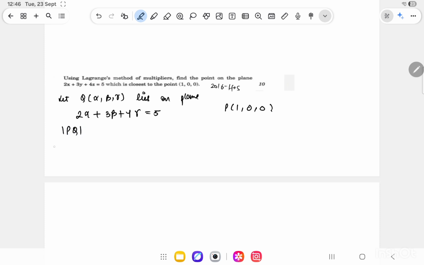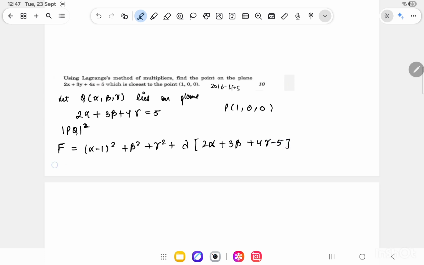So to minimize PQ is the same thing as minimizing the square of this distance. We have taken the square just to get rid of the under root in the calculation. So let's define our function capital F, that will be alpha minus 1 square plus beta square plus gamma square plus lambda into 2 alpha plus 3 beta plus 4 gamma minus 5.